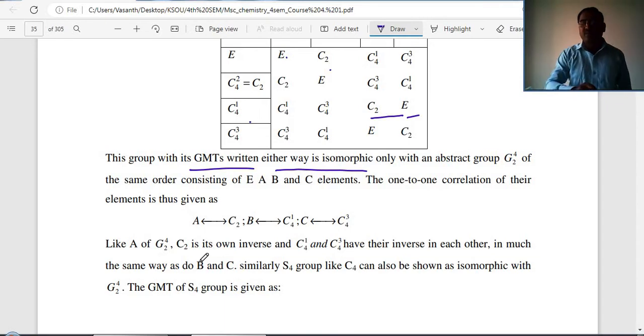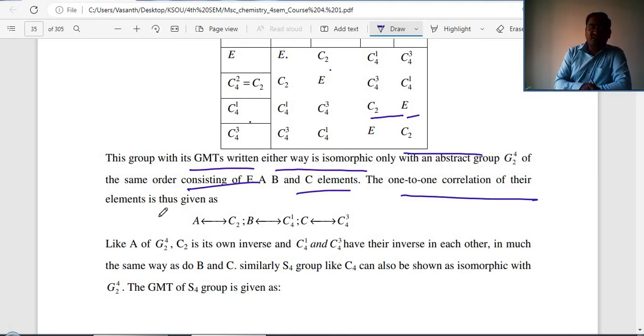In this group, the group multiplication, written either way, is isomorphic only with an abstract group Z4 of the same order, consisting of E, A, B, C elements. The one-to-one correlation of their elements is such as A to C2, B to C4 dash, C to C4 3.